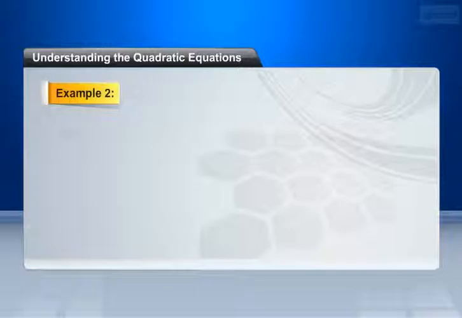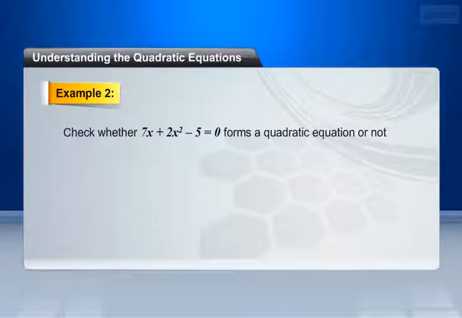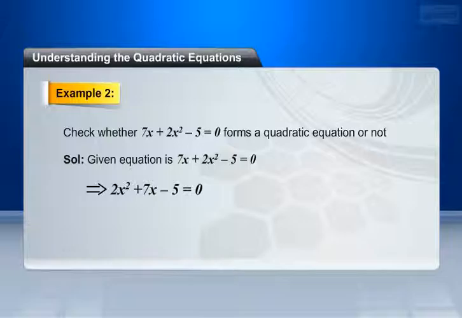Example 2. Check whether 7x plus 2x square minus 5 equals 0 forms a quadratic equation or not. Solution. Given equation is 7x plus 2x square minus 5 equals 0. Rearranging, we have 2x square plus 7x minus 5 equals 0.